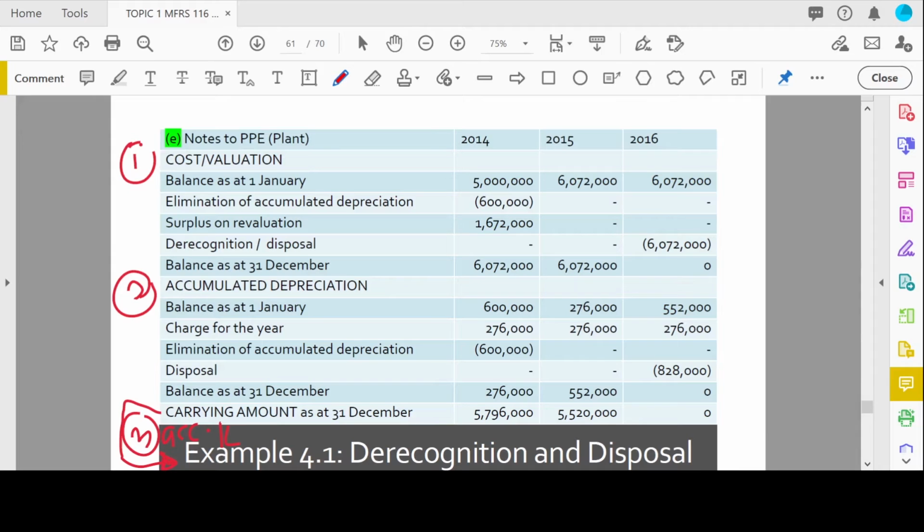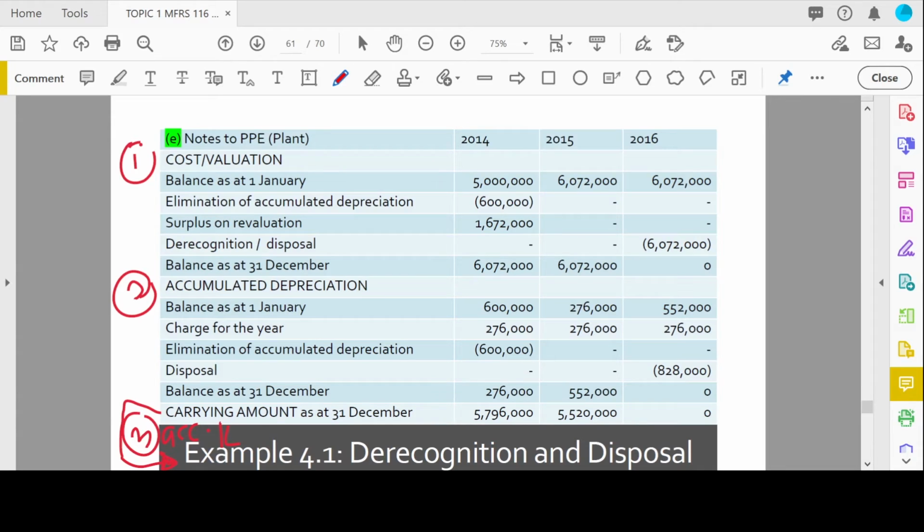Before year 2014, starting from the date of purchase of the plant, there is no revaluation made by this company since year 2011.